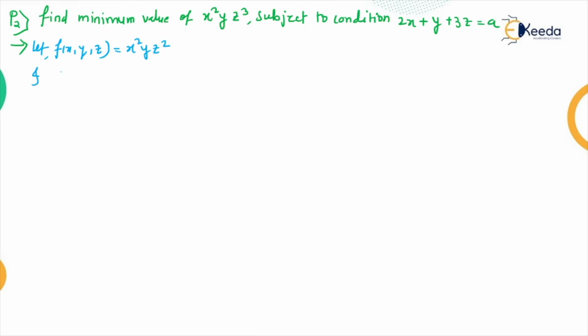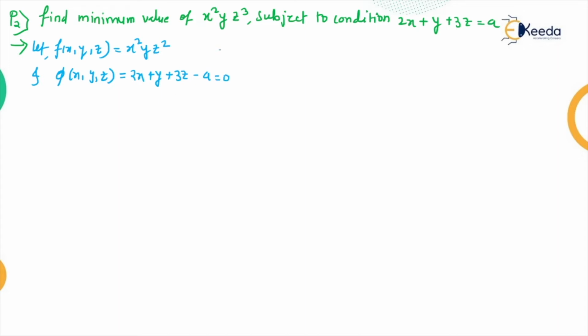And phi of xyz is 2x plus y plus 3z equal to a; shifting to the left-hand side we get 2x plus y plus 3z minus a equal to 0.